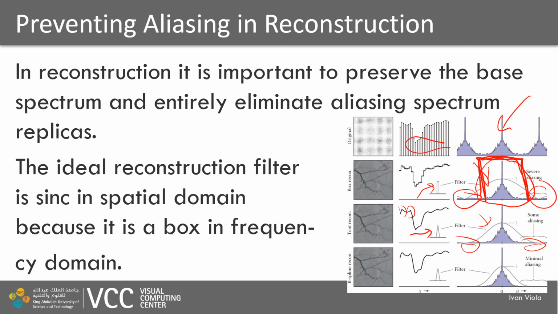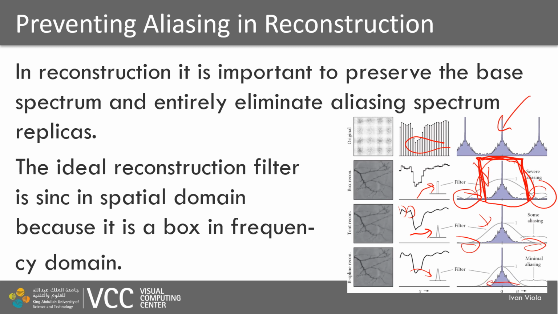And we can see that if we have, let's say, a cubic filter, like in the lowest case, the frequency domain representation of our reconstruction filter will have the smallest extent.